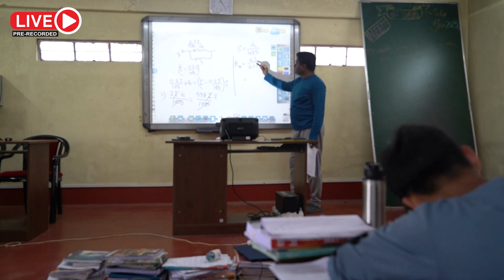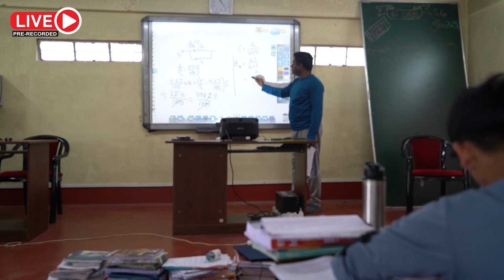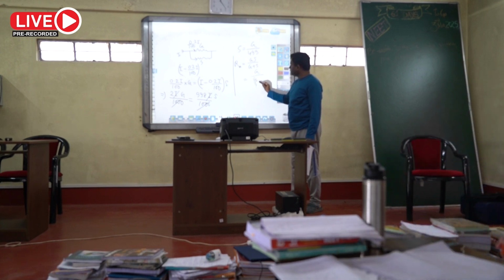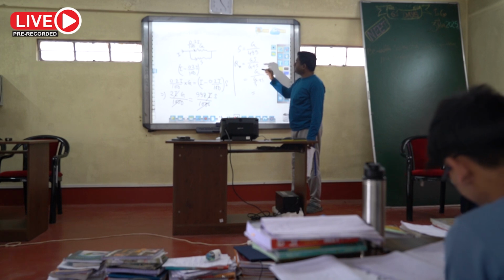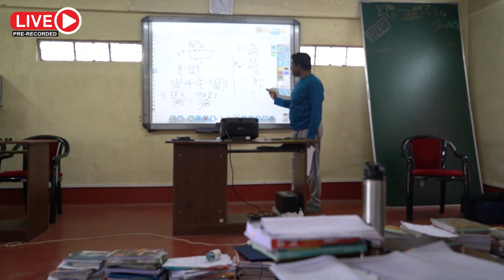So in this way, divide numerator and denominator both by S. Then it will be G by S plus 1. But G by S is 499, so it is G by 500.